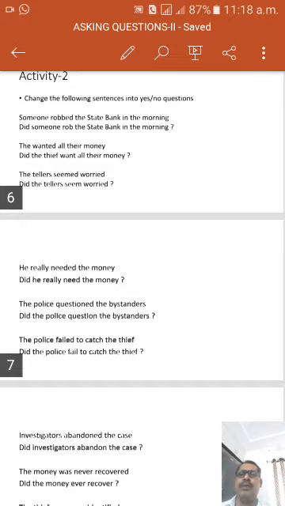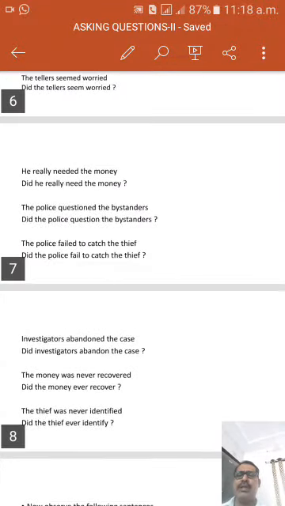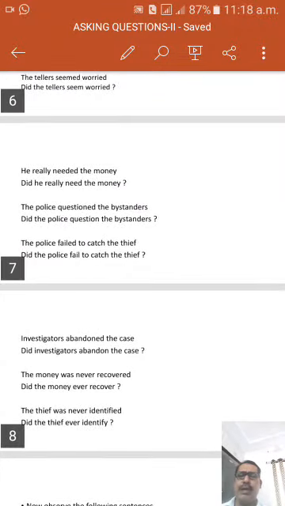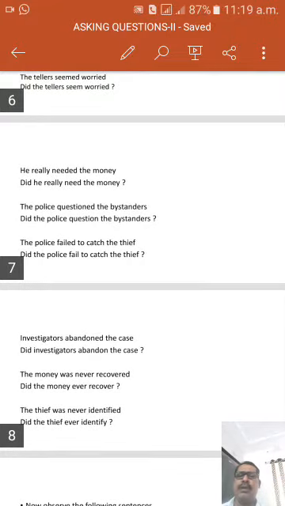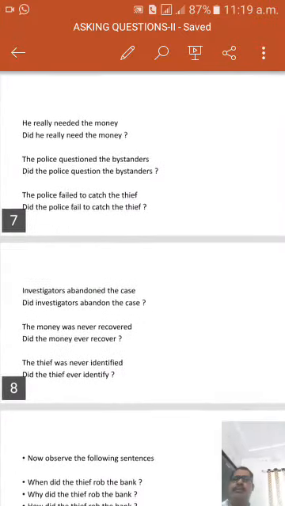Did the police question? Question, V1 form. Did the police fail? Fail, V1 form. Did the investigators abandon? Abandon, V1 form. Did the money ever recover? Recover, V1 form. Did the thief ever identify? Identify, this is V1 form.